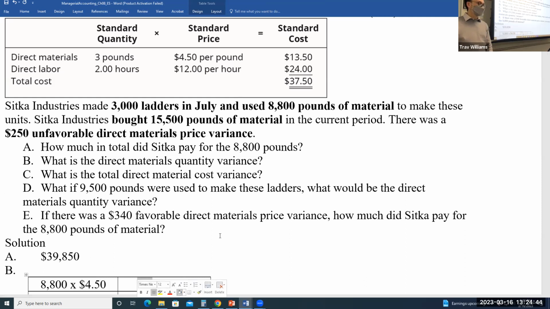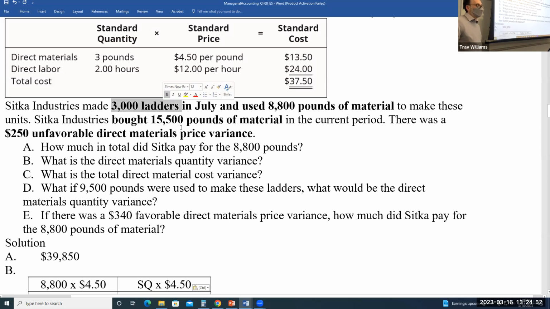Then what we need is standard quantity. Okay, let's figure that one out. Since they made 3,000 ladders, what would be the standard quantity of material they would use? 9,000, is that true? Yeah, exactly. So up here it says 3 pounds per ladder is the standard.